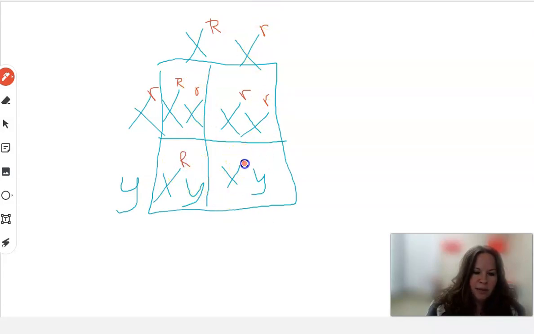Oh, and then that son is red-green colorblind. So it's a 50-50 chance to have a child in this family, whether it be boy or girl, that would be red-green colorblind. So see how it's much more common to have this in males than it is in females. In order to get it as a female, you have to get it from both Mom and Dad and be unlucky enough to get that recessive allele.